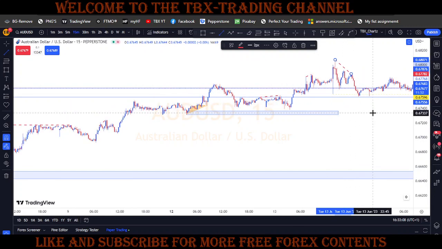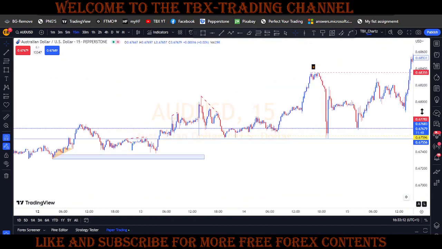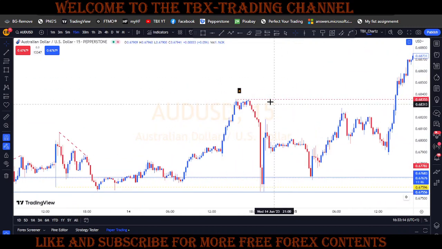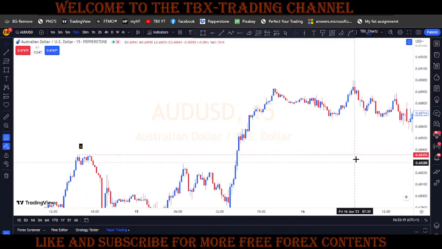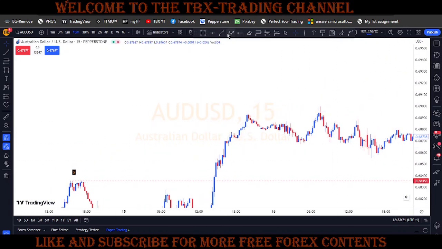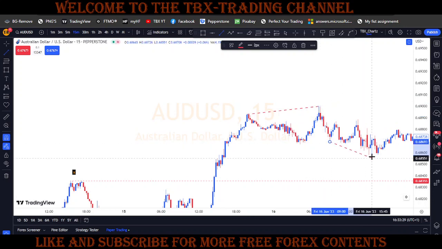They are almost equal. What else? We have equal highs right here. If we zoom in, we see that these are equal highs. From here to here, equal highs. This is a very nice one too. Here to here, equal highs. Here, this is also equal highs.